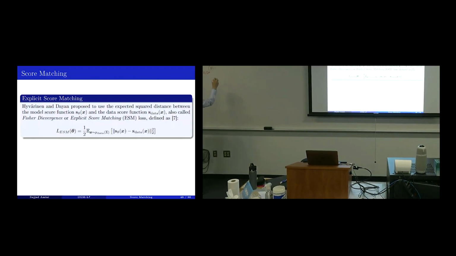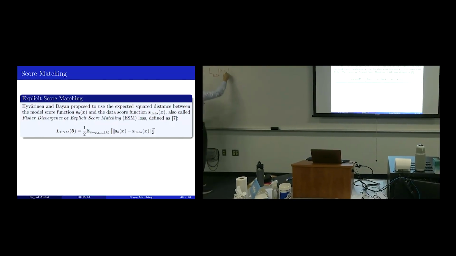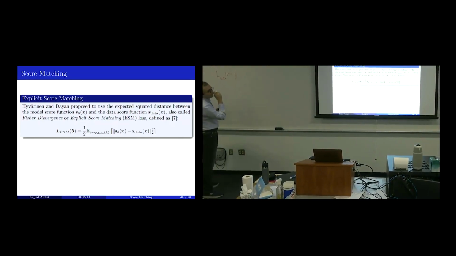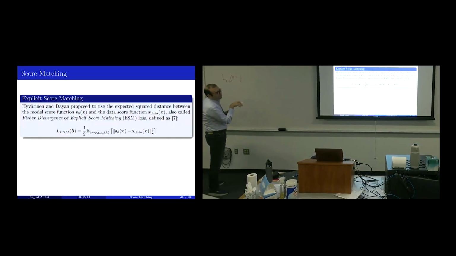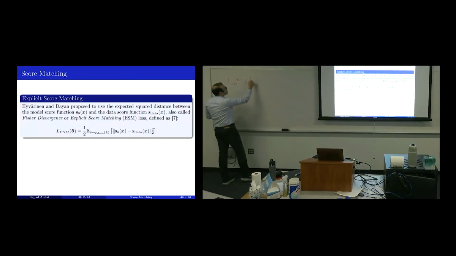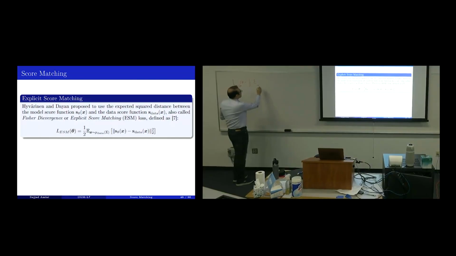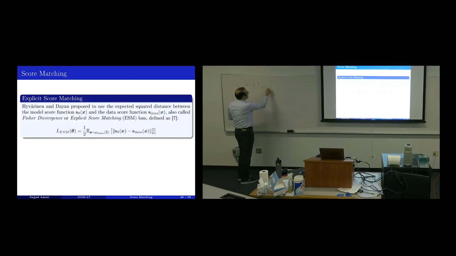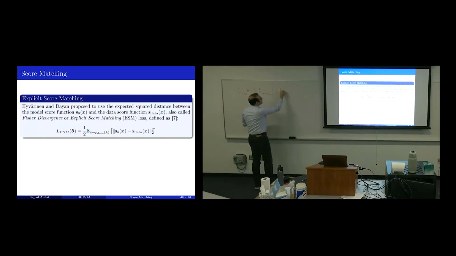So that 1/2 is just for the calculation of the gradient. It's not very important. The expectation is over x coming from P data of your model score minus your data score.